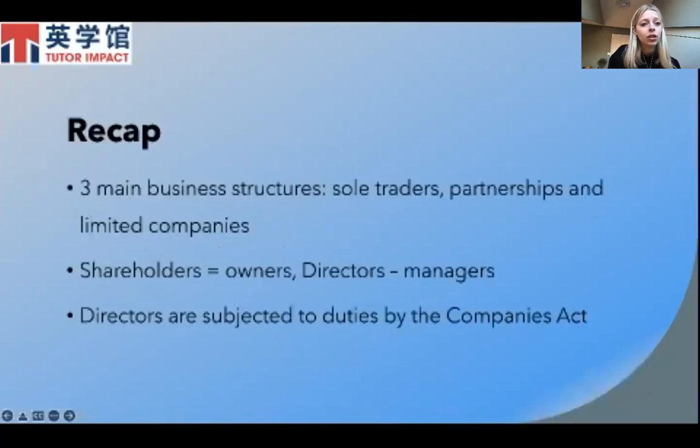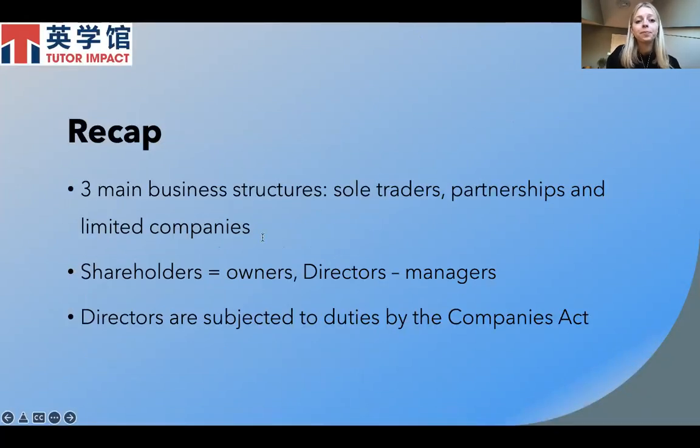So yeah, I'll just discuss quickly what we've discussed today. We now know that there are 3 types of businesses. We have sole traders, partnerships, and limited companies. The former 2, as we have discussed, do not have the protection of limited liability, whereas a limited company does have this protection.